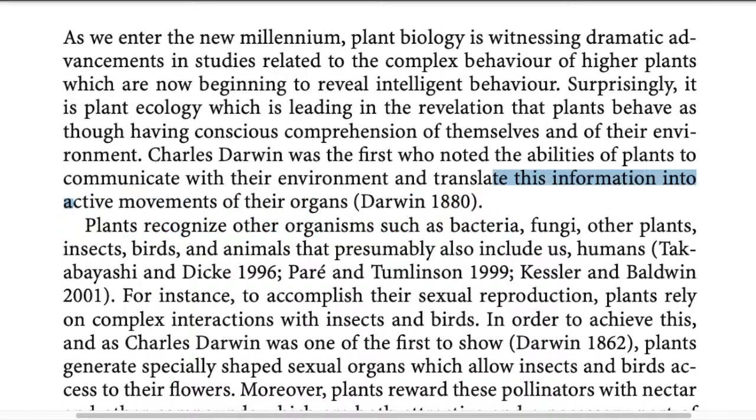And that was in 1880. Plants recognize other organisms, such as bacteria, fungi, and other plants, insects, birds, and animals that presumably also include us, humans.